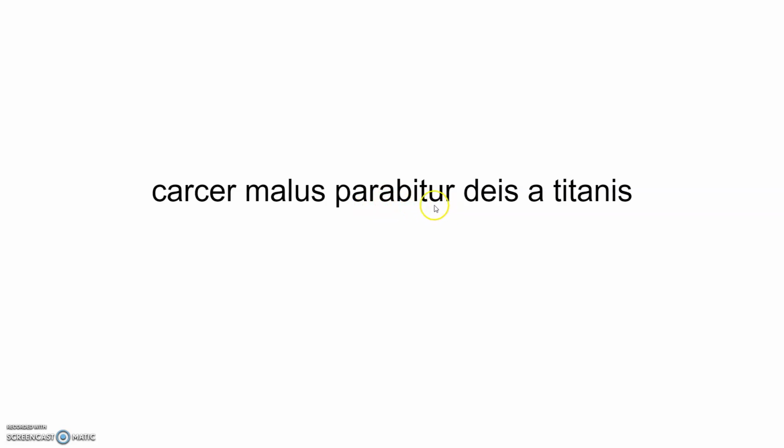Oh, nope. Tur, that's our passive ending. Parabitur, will be prepared. We have deis here. That's our dative ending. So to or for the gods. A titanis, and that is our ablative of agent going with this passive verb. So, carcer malus parabitur deis a titanis. The wicked prison will be prepared for the gods by the Titans.